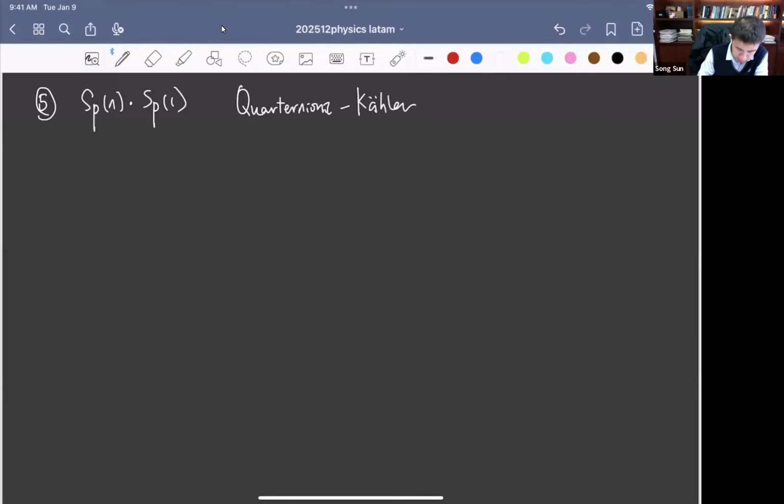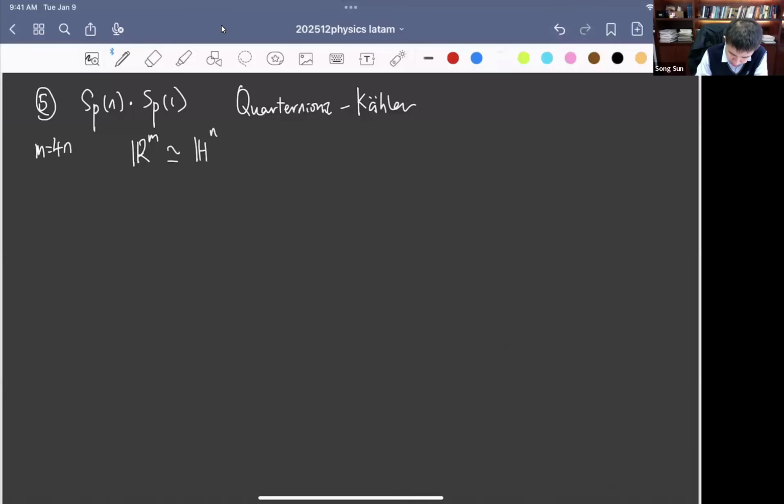Now there are a couple more. The next possible one is Sp(n)·Sp(1). This is called quaternionic Kähler. This is best understood as follows: here again m is 4n. You consider R^m as an n-dimensional quaternionic linear space.